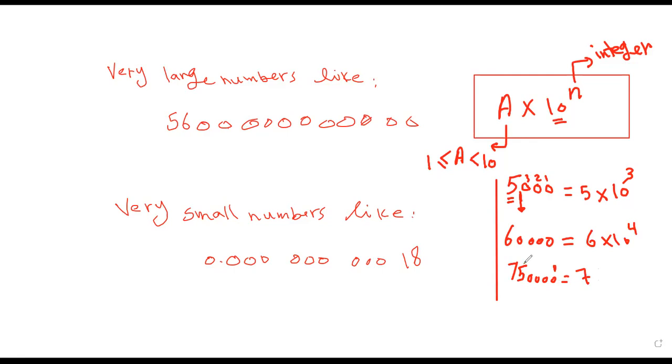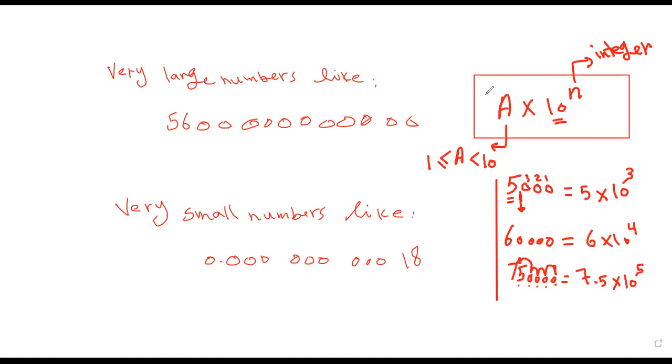And then you go to the left, like 1, 2, 3, 4, 5, and you stop here. So it's 7.5 times 10 power 1, 2, 3, 4, 5. Okay, why did we write 75 as 7.5?